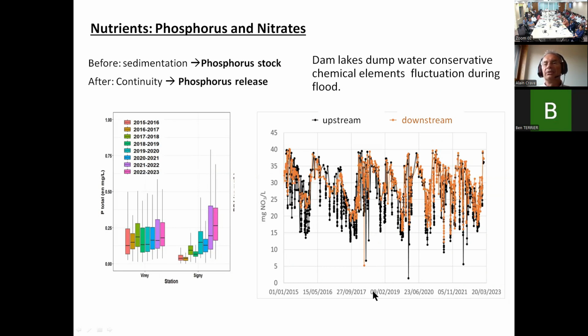And in 2017, when the big dam, the Vezin Dam, was removed, we lost this damping effect, and with time, we can see that we have the same dynamic of nitrate concentration. So we get back to the same variability of the nutrient concentration.